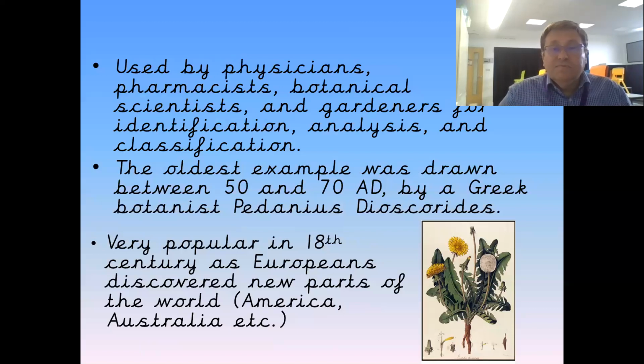And gardeners, obviously, and they used these pictures to enable them to identify, analyse and classify the plants they were looking at. Remember, they didn't have photographs, they couldn't go to a photograph library, and often these plants were from all over the world, places they'd never been to or could never get to, and anyway, it would take so long to bring the samples back, they would be dead. So these were the only information they really had to go on.